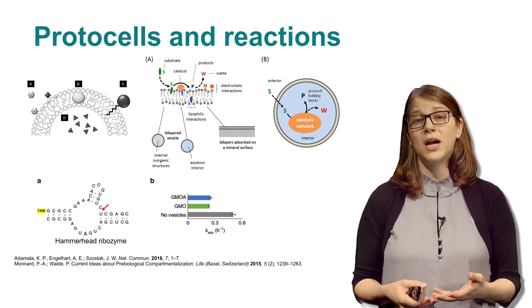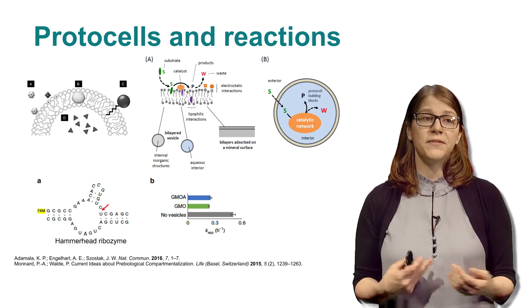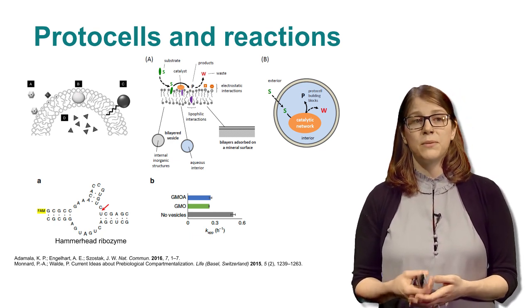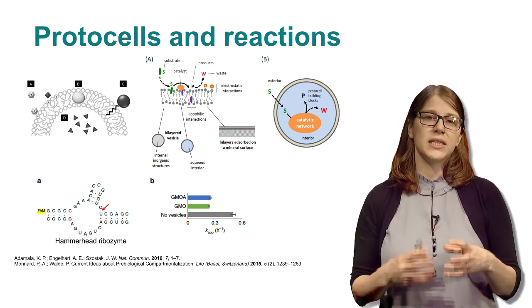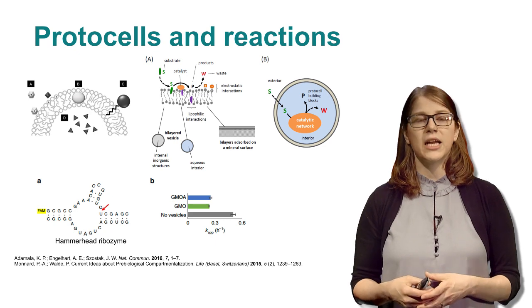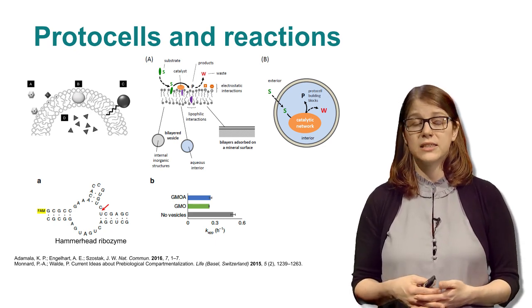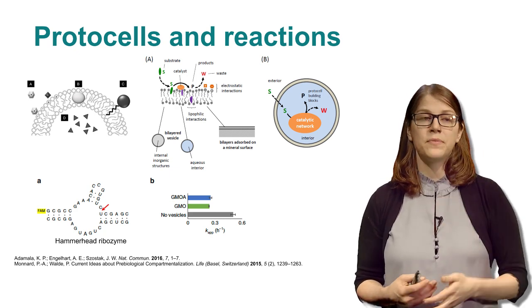And we can actually monitor the rate of reaction inside of our membranes. And what we find is that with no vesicles present, we have an apparent rate of about 0.5. When we encapsulate the ribozyme within vesicles, we actually see that the rate is not quite as fast. The self-cleaving doesn't happen as quickly. Our rate decreases by about half.